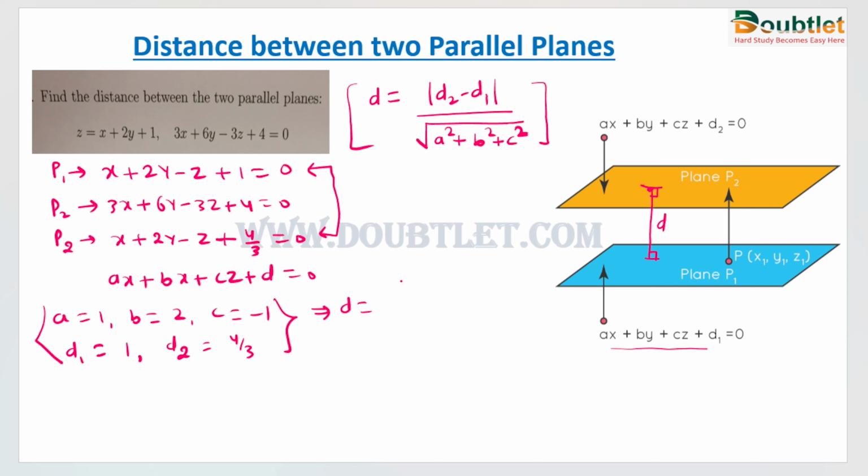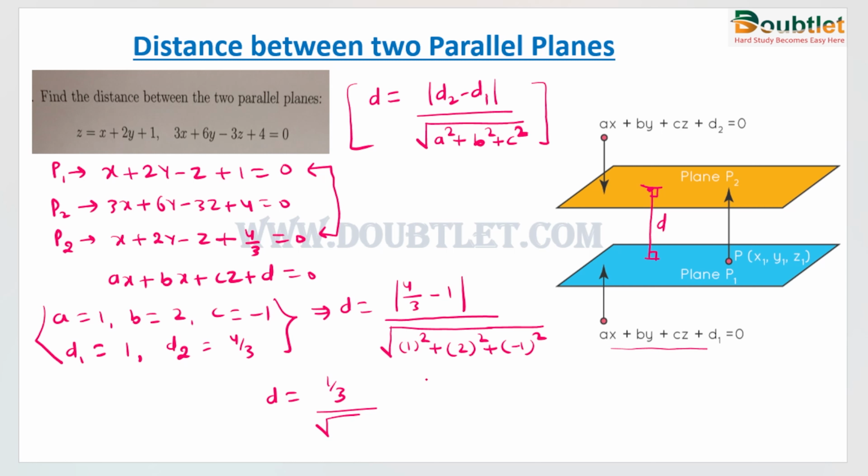So the modulus of 4/3 - 1, divided by the square root of 1 squared + 2 squared + (-1) squared. The distance d is (1/3) divided by the square root of 4 + 2, that is 6. So we can write this as 1 divided by 3 root 6. This is the distance that we have found for this question.